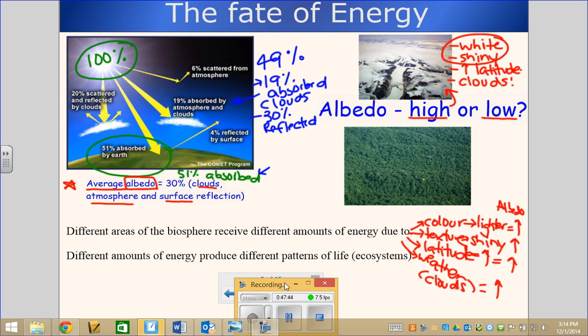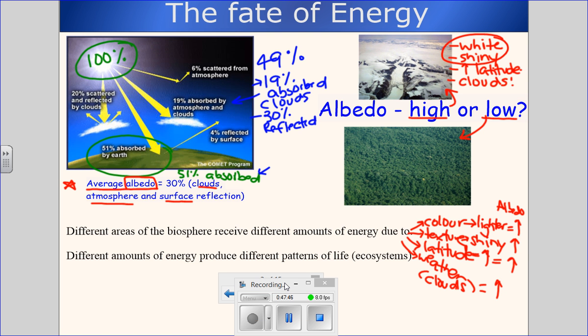Now down here, albedo should actually be relatively low. First of all, it's a darker color. It's not shiny. Now this forest of trees could be anywhere. It could be close to the equator or far away from the equator. But we would assume that its latitude is less than the incredibly snowy mountains.